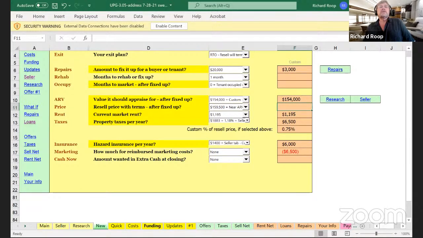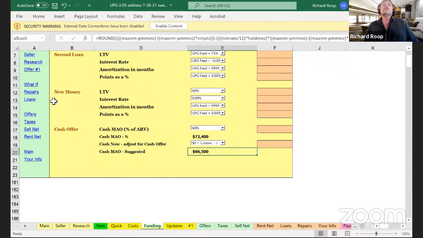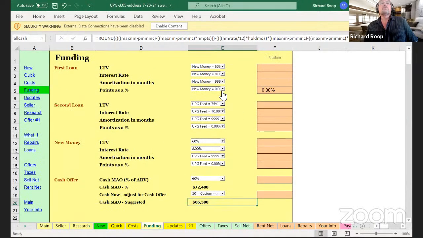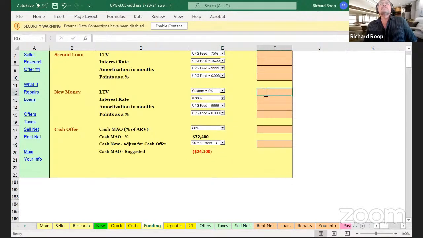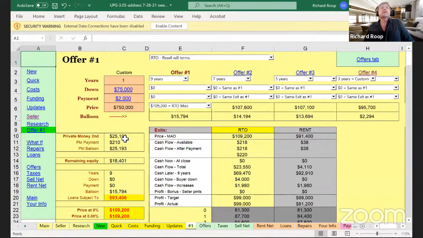And what else do we need to change on the funding? We would change your loan to value on the first mortgage. I'm going to change it here to custom, I'll just put 100%. So your cash offer is not going to work here. And then take a look at what kind of money we need. It's saying we need 25,000.